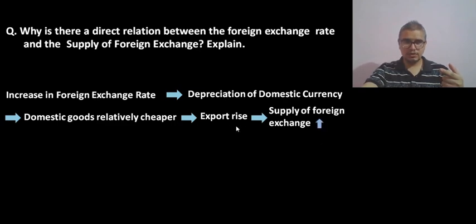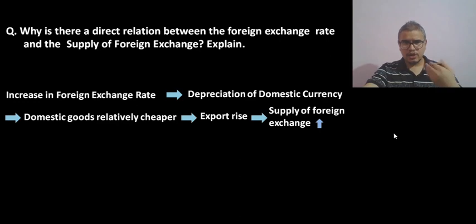And when exports fall or decrease, the supply of foreign exchange also decreases. Now if we see the last part of the flow chart and the very first part of the flow chart, we can clearly see a relation: whenever there is an increase in the foreign exchange rate, the supply of foreign exchange will also increase. So these two have a direct relation with each other. When one rises, the other also rises.